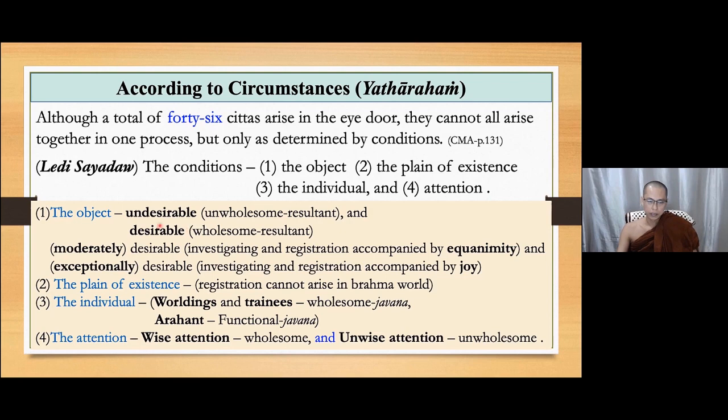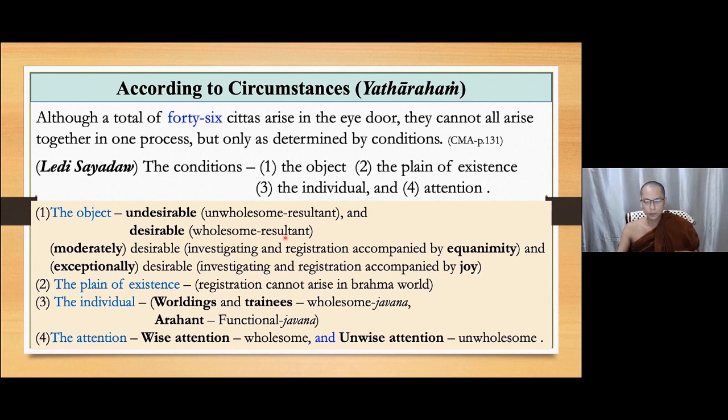So in this case, the consciousness is determined by the object, the undesirable object. If the object is desirable, the receiving consciousness, investigating consciousness, and registration consciousness must be wholesome resultants.